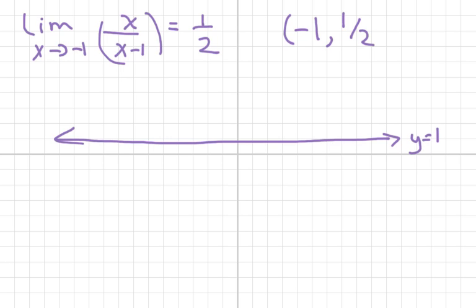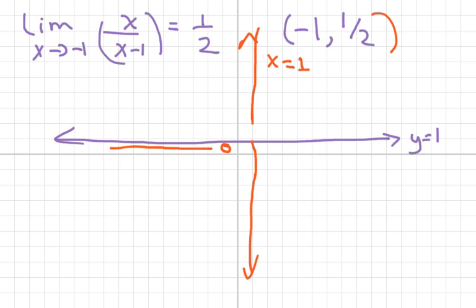We have a vertical asymptote right here, and that's where it's undefined, at x equals 1. We have a hole at -1, 1/2, which is about here. And then you just draw your characteristic graph. That's what you're doing. Draw your characteristic graph.